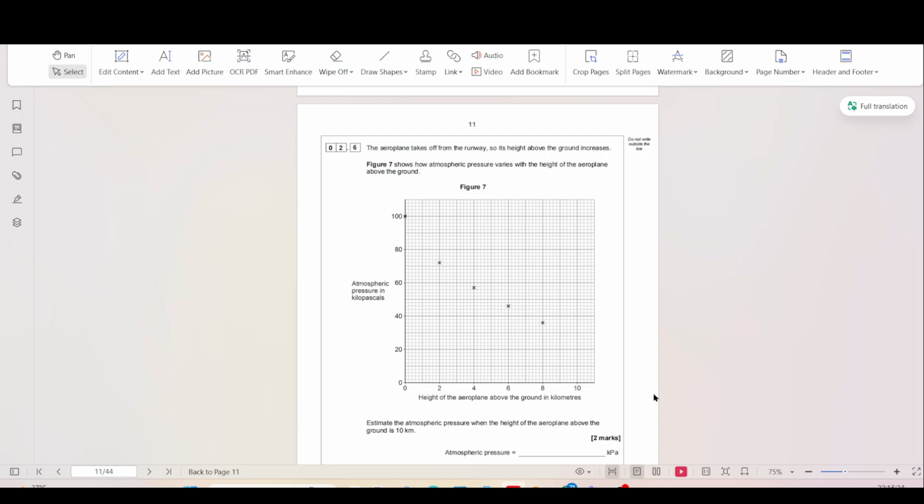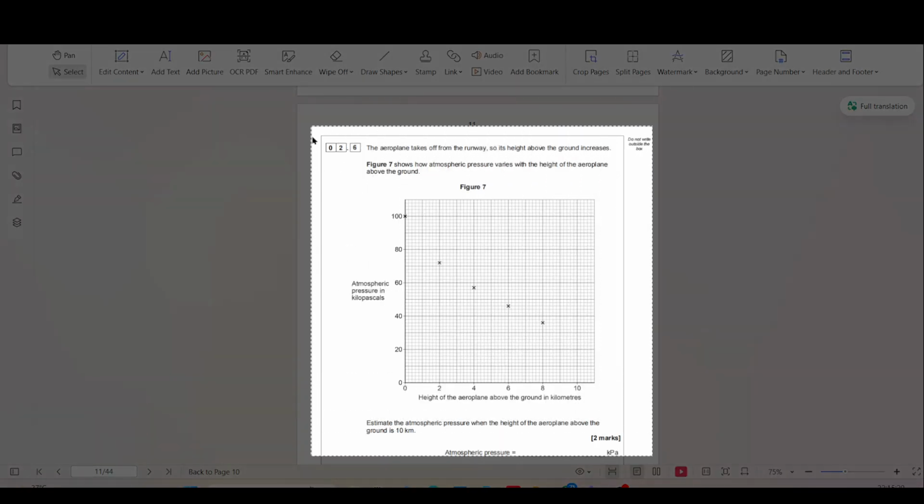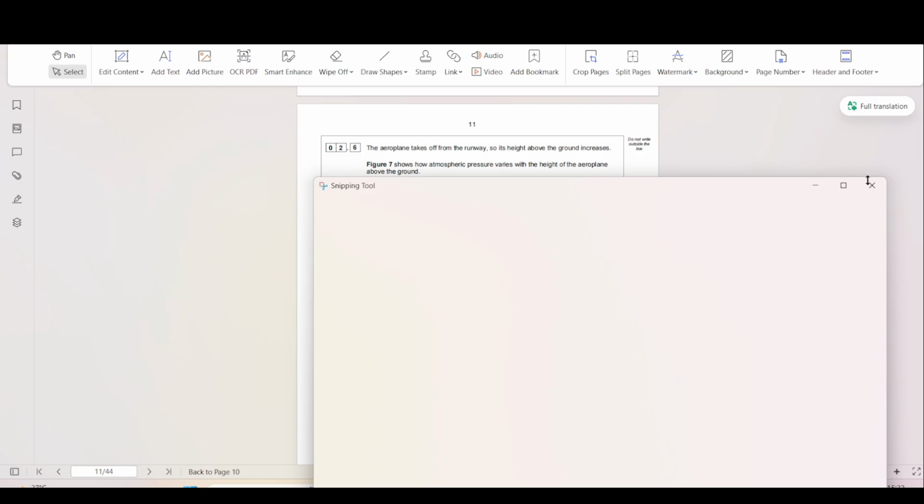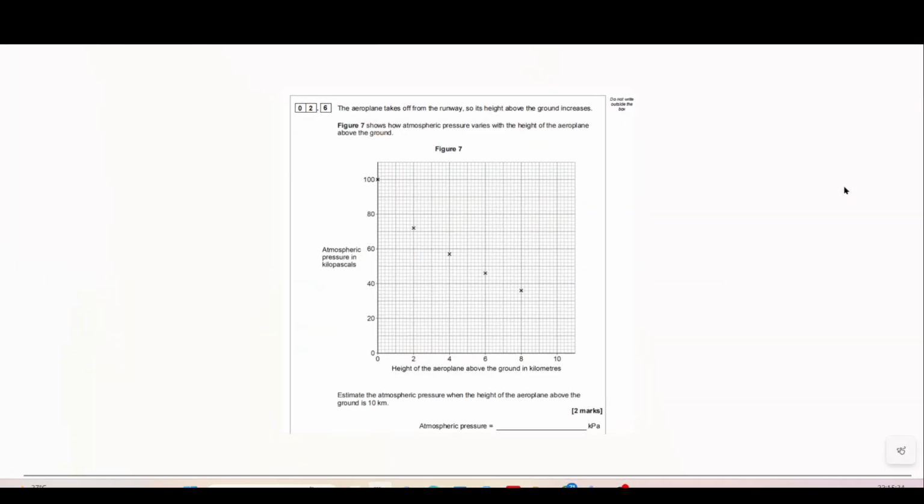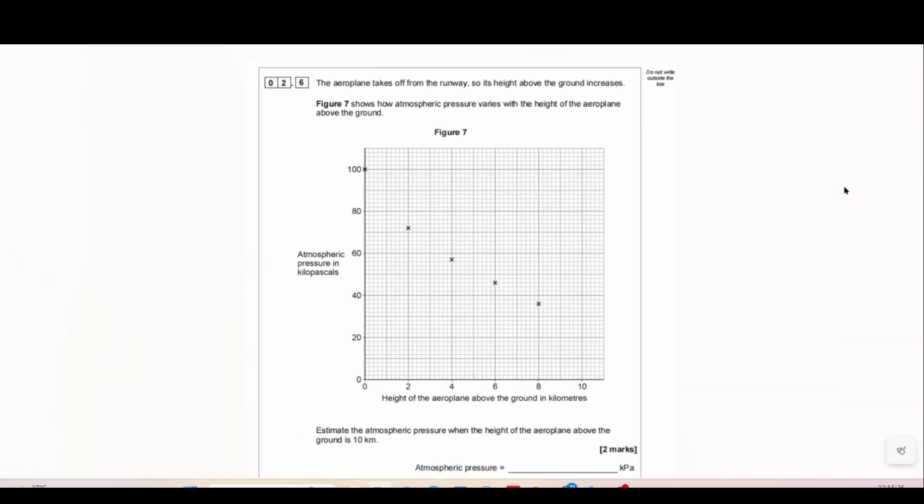Let me zoom it a bit. So basically, first let's draw the line of best fit.